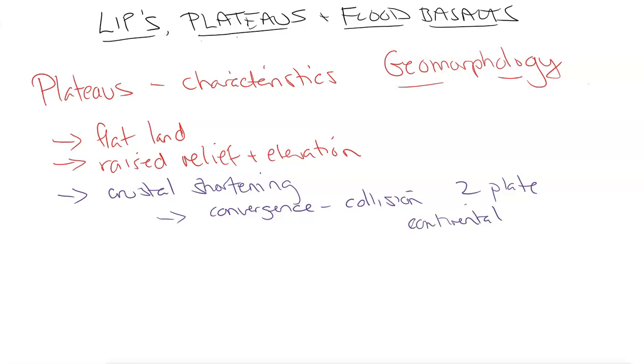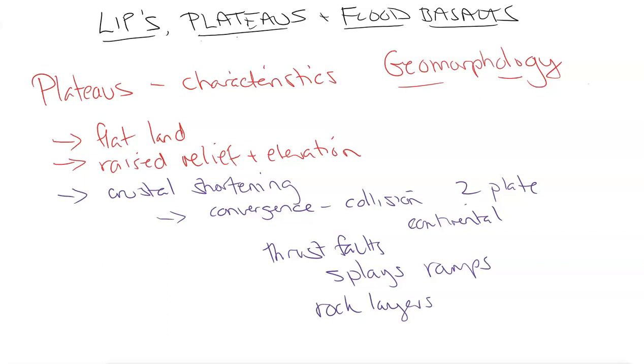And we have the thrust faults, which are encouraging there to be splays and ramps, of which the rock layers can move and overthrust and basically build the mountain through orogeny and through increased mass. So as they're getting squeezed together through compressional stress, right? So it's like this.